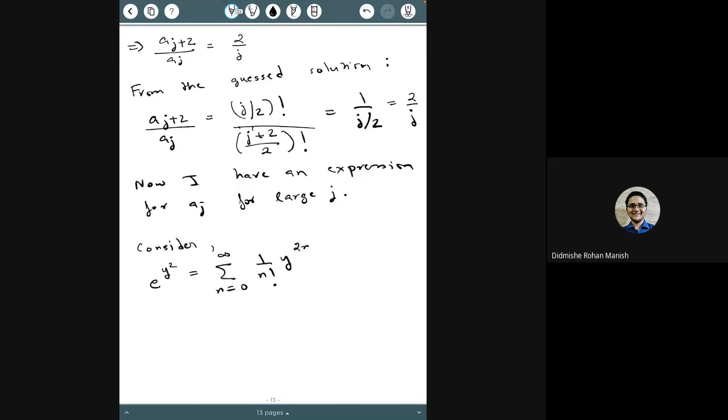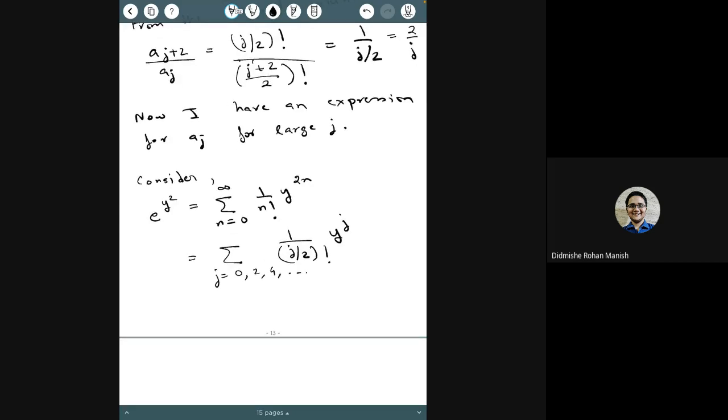This is the series form of e to the power y squared. Then I can write this as a sum over j from 0 to infinity, in steps of 2, of 1 by (j/2)! y to the power j. Acceptable? So I've just gone from summing over all integers to just the even integers.